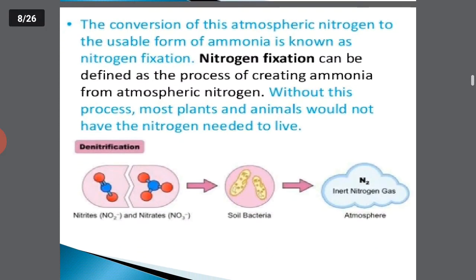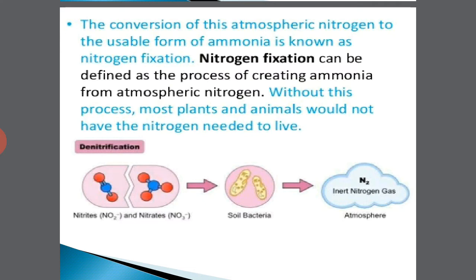The conversion of atmospheric nitrogen to the usable form of ammonia is known as nitrogen fixation. This is its definition. It can be defined as the process of creating ammonia from atmospheric nitrogen. Without this process, most plants and animals would not have the nitrogen needed to live.